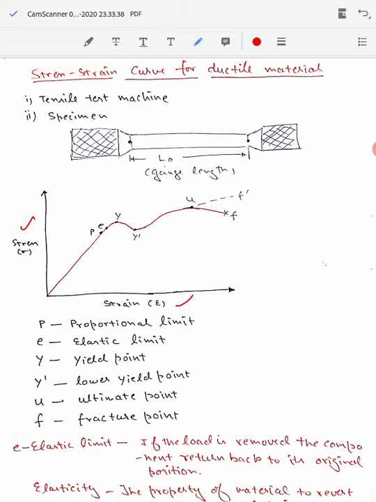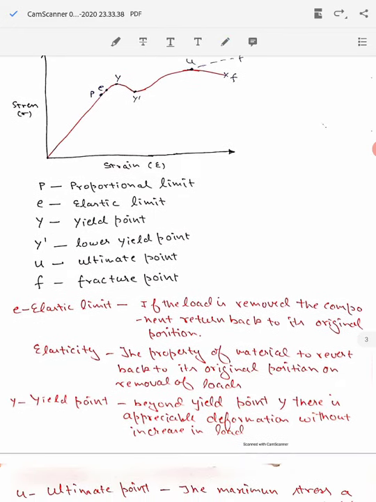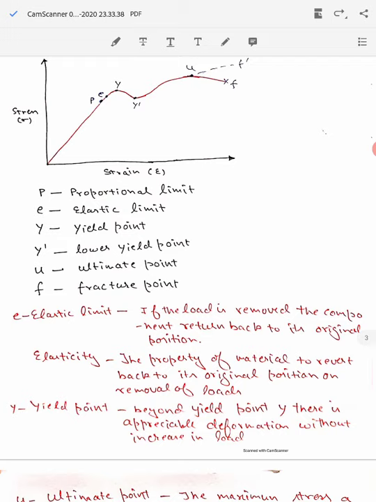The elastic limit point is the point up to which, if we remove the load, the component will return back to its original position. So that means anywhere before the point E here, if we remove the load, our component will follow the line and return back to the original position.